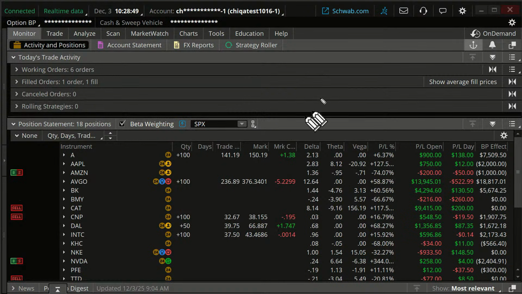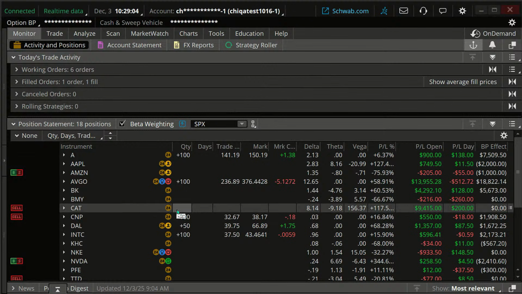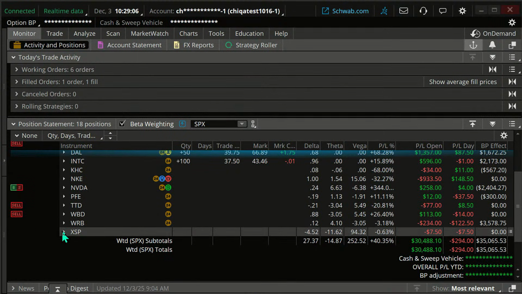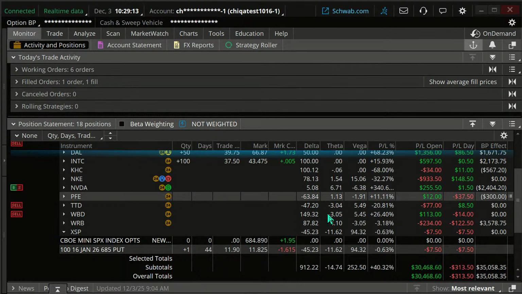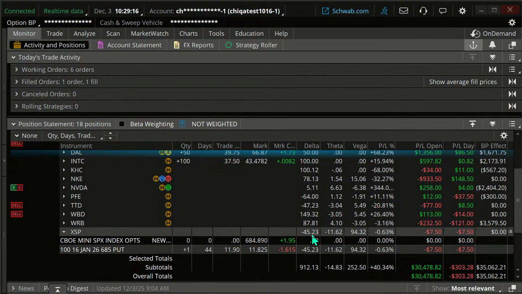Remember, spreads are going to limit your gains. Let's say the SPX does go way down. What's going to happen to that XSP position? My delta is going to get more and more negative, let me unbeta weight it here for a second, from minus 0.45 to go to minus 0.60, minus 0.70, minus 0.80.